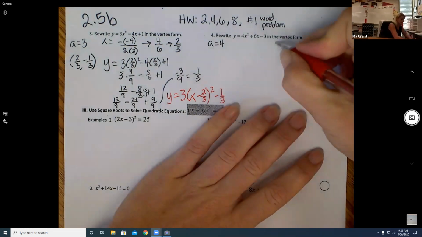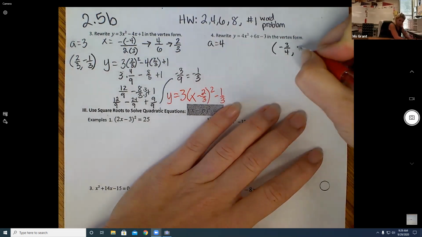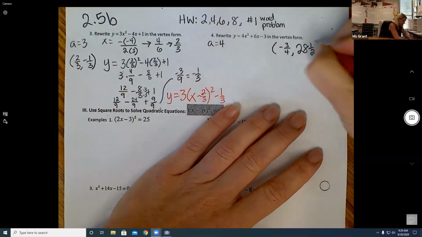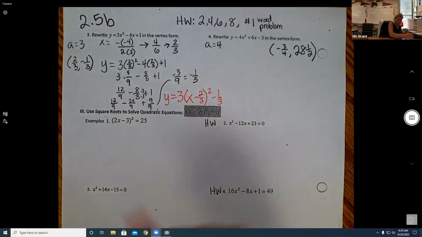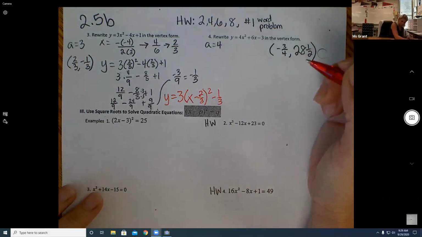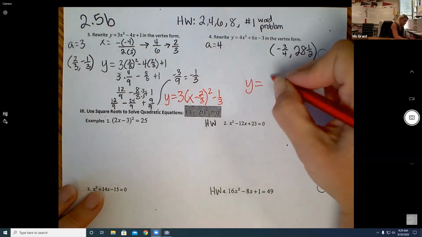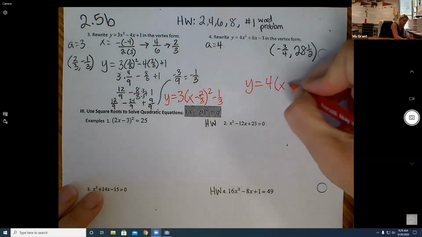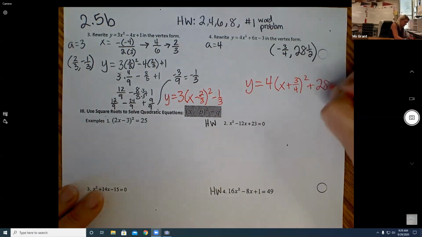Here's what the vertex ends up being. Negative 3/4, comma, 28.5. So y equals 4 times x plus 3/4 squared plus 28.5.